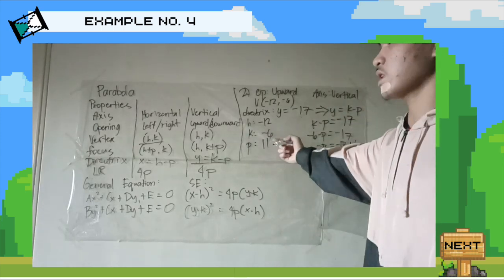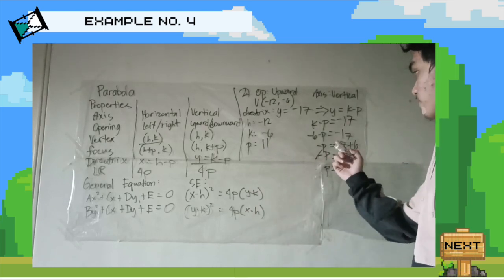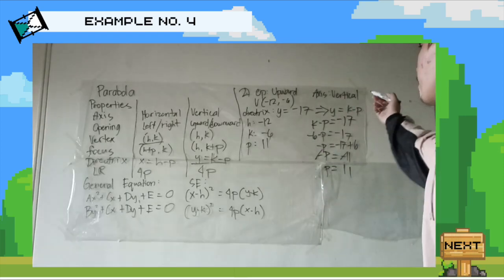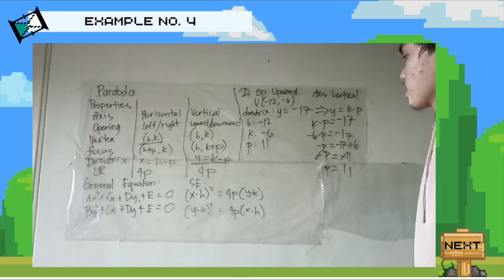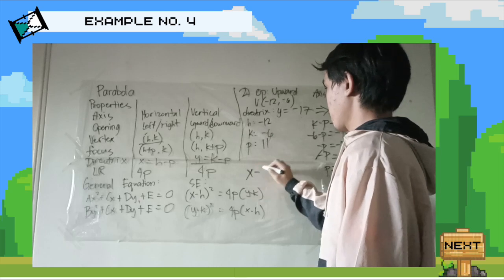Now that we have completed the h, k, p components, we can substitute them in our standard equation. Since this is a vertical parabola, we will use the vertical standard equation, which is x minus h. What is our h?